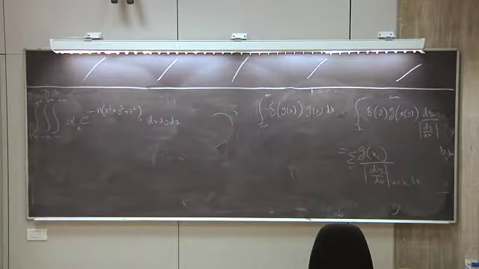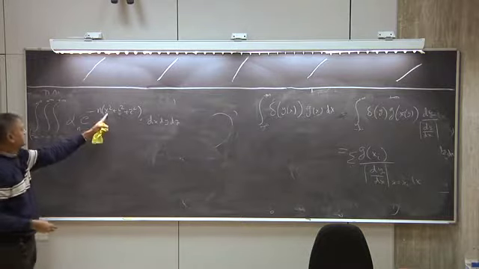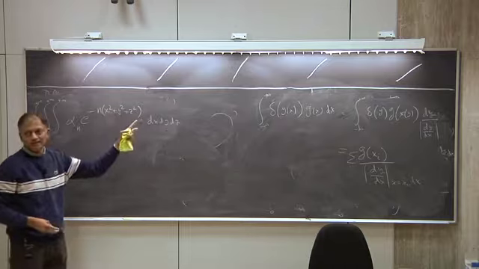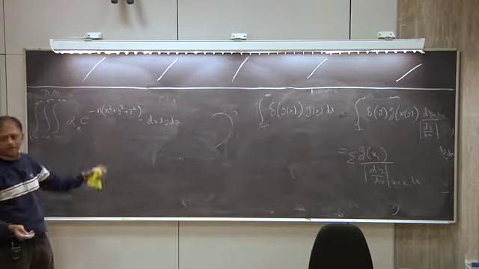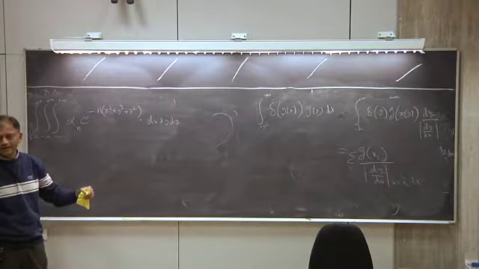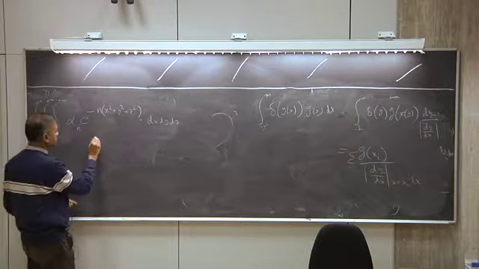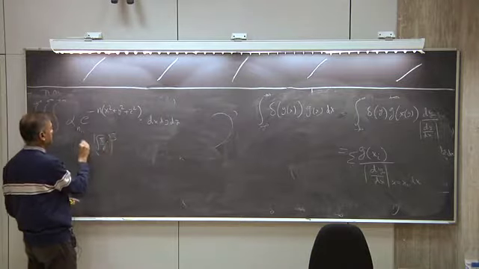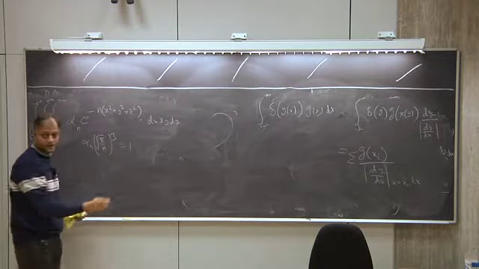These are separate integrals; you can do the x integral, y integral, z integral separately. Each of them gives a factor of root pi by n. So this gives root pi by n cubed times alpha n, and that should be equal to 1.